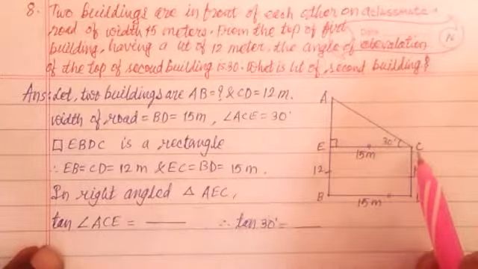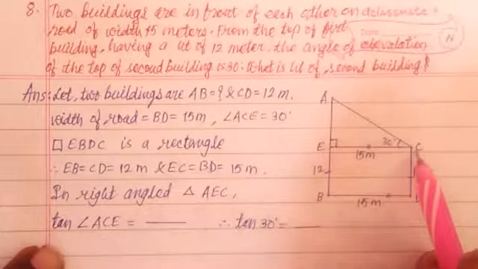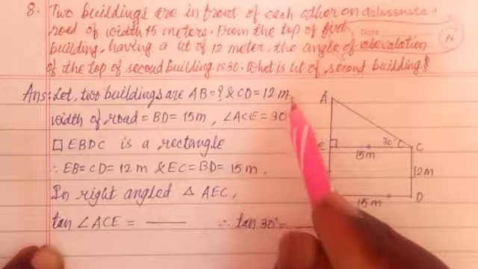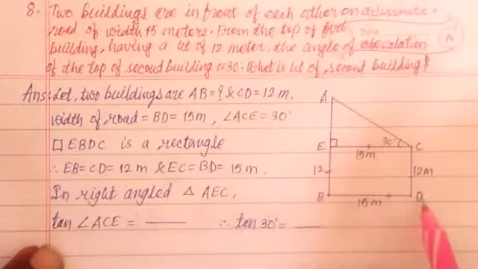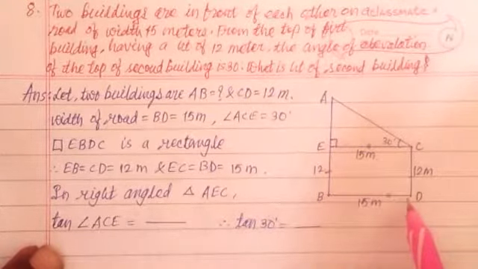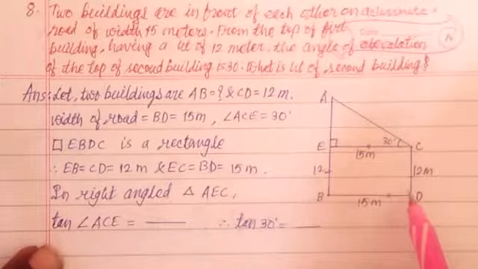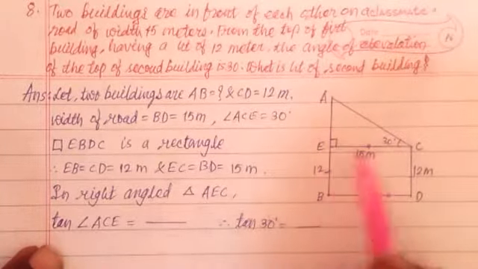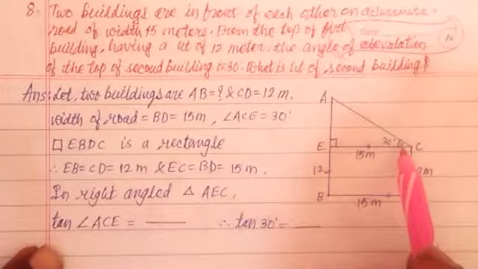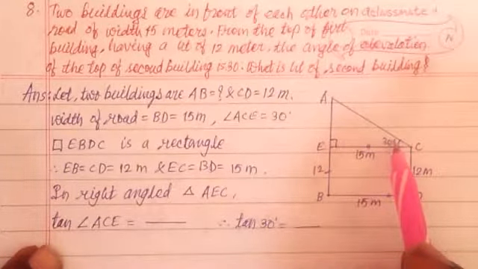and the height of the building CD is equal to 12 meter. Now the width of the road BD is equal to 15 meter. Now here angle ACE, the angle of elevation, is 30 degrees.